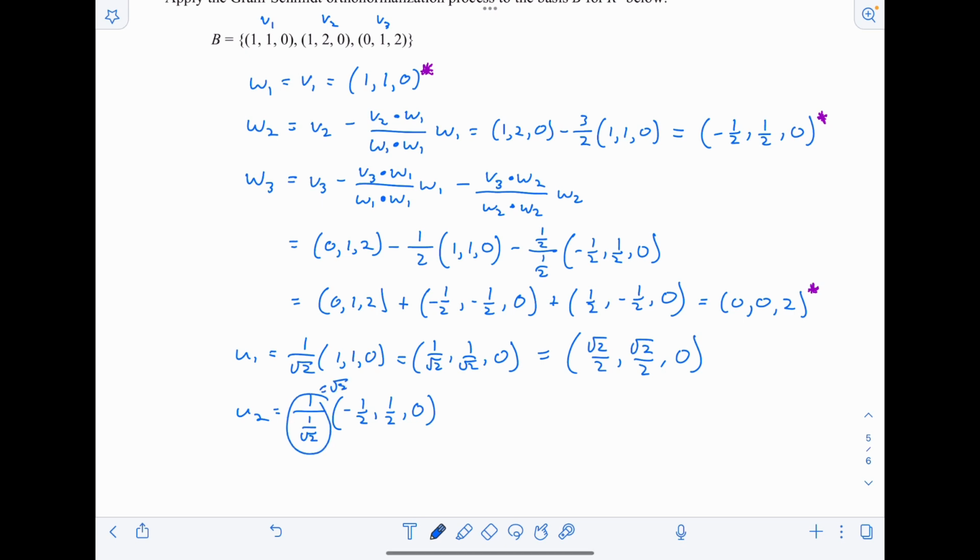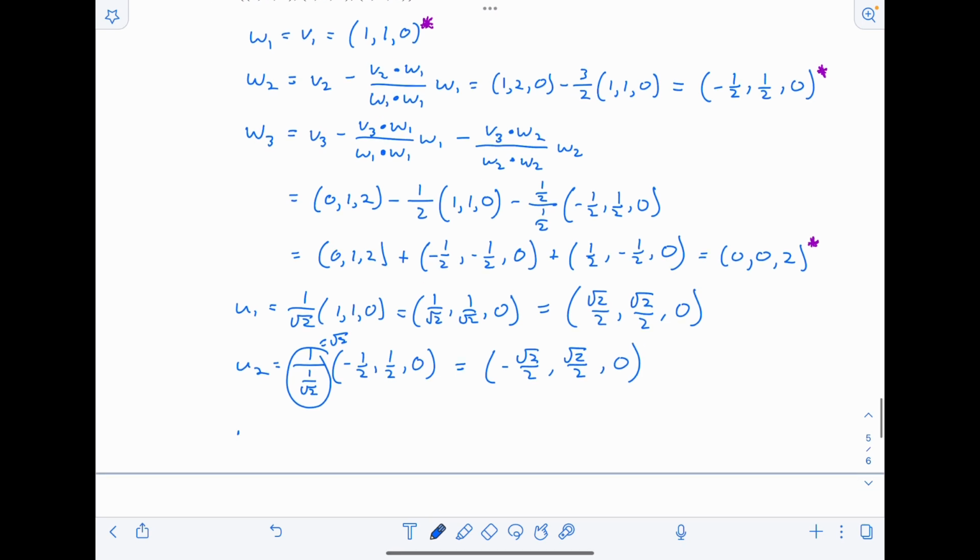So we're just multiplying by the square root of 2. That gives us negative root 2 over 2, root 2 over 2, and 0. And then finally U3 is going to be 0, 0, and 4. So that's just 1 over 2 times 0, 0, 2, which is the vector 0, 0, 1.